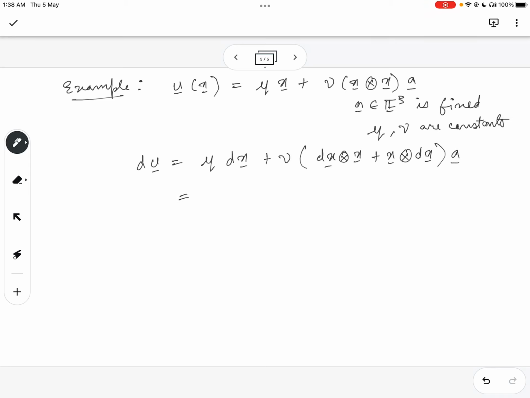This can be taken out, written as mu dx plus nu x dotted with a dx plus dx dotted with a times x.